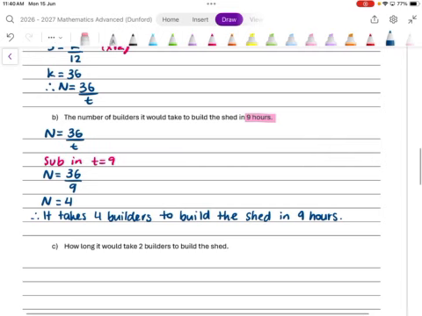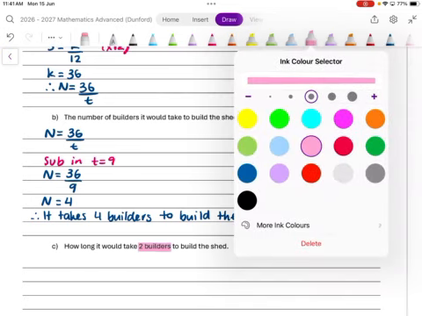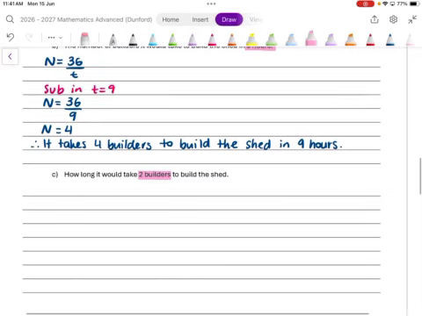So that's one style of question we can get. We get our denominator and we can substitute it in. The next one is to find out how long it would take 2 builders to build the shed. We start off with that equation, n equals 36 on t, and we sub in n equals 2.